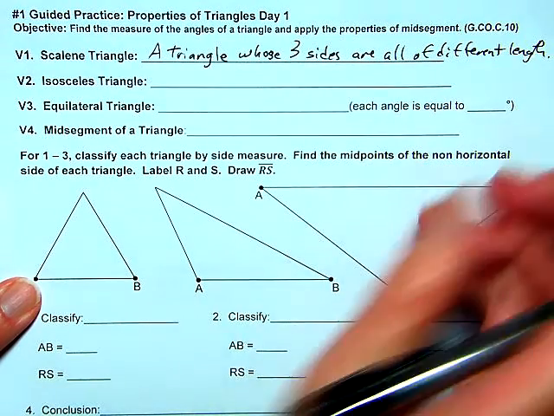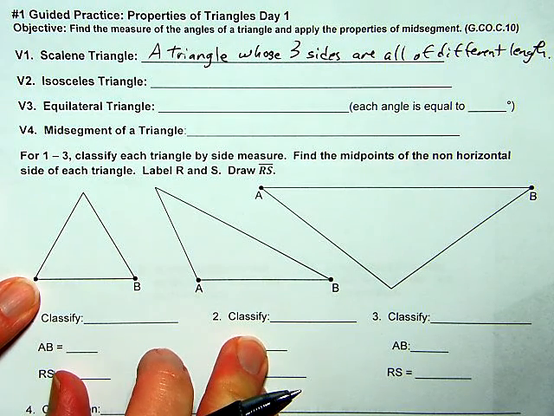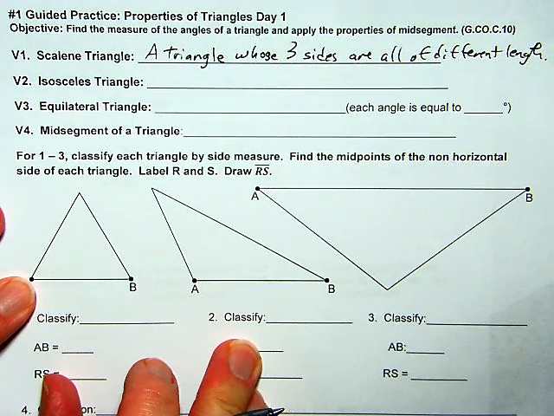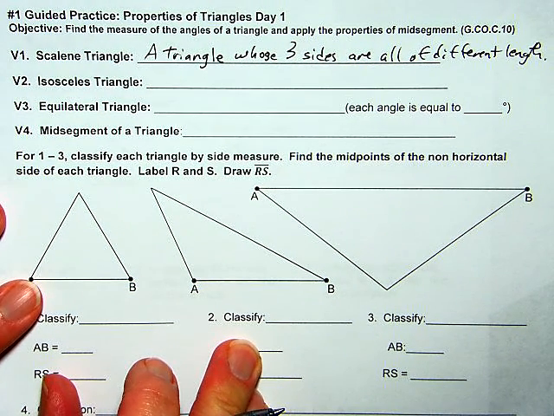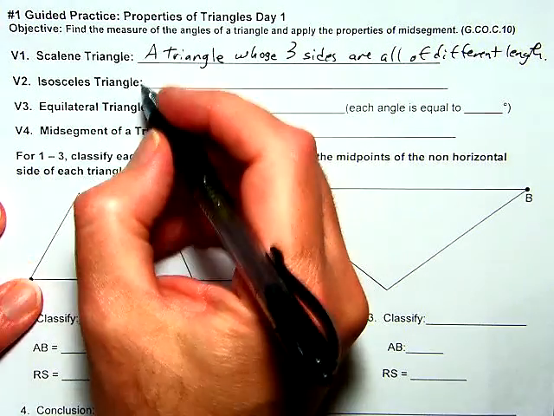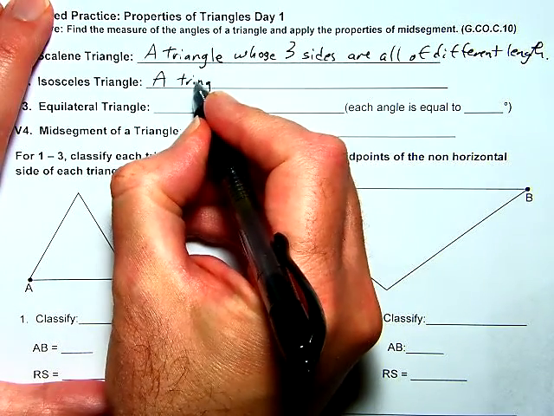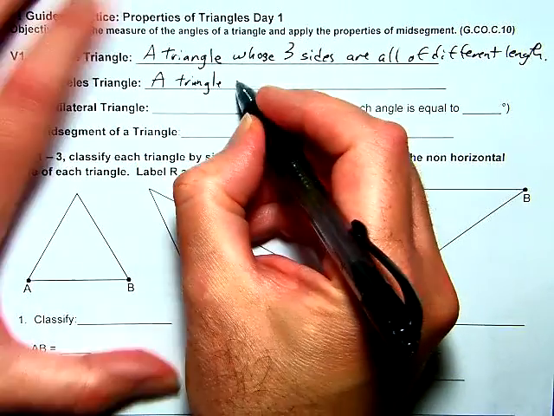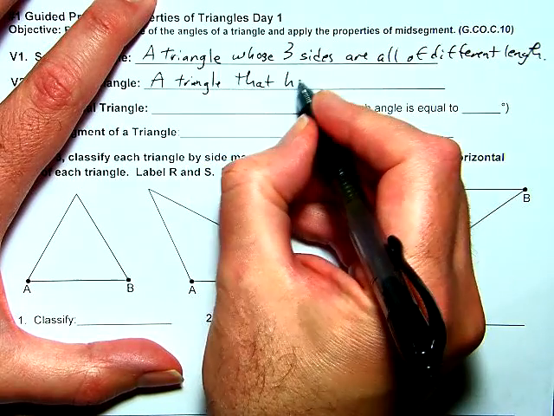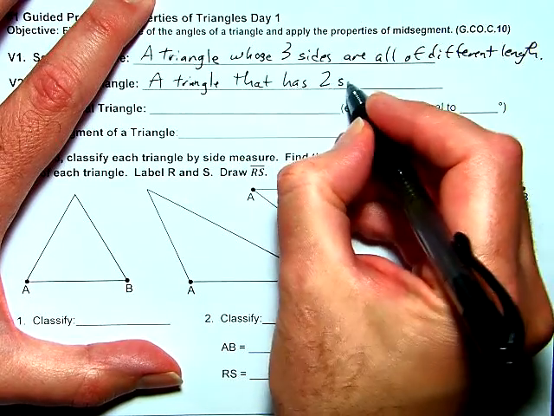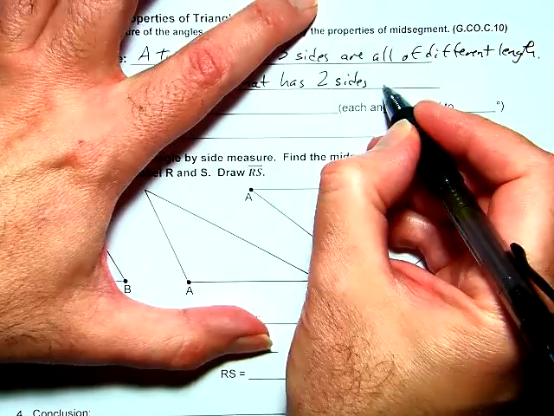Now contrast that with an isosceles triangle, which is a triangle that has two sides of equal length.